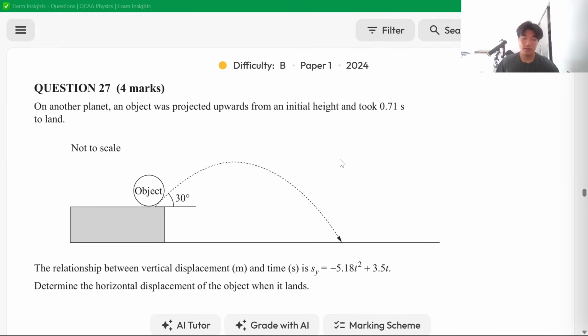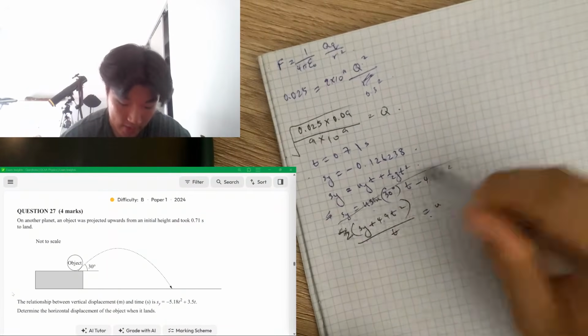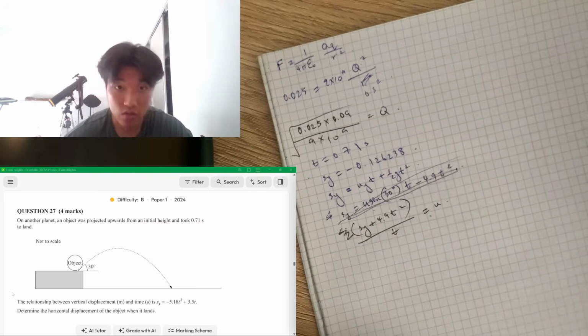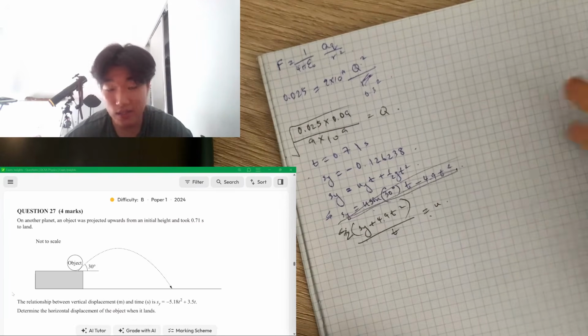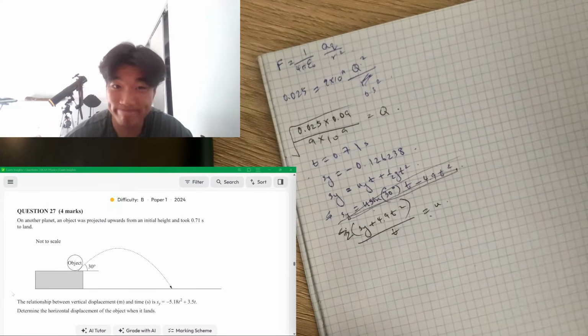Okay. Since it's on another planet, you can't use this. This is wrong. It's erroneous. If it's on another planet, well, the likely chances are acceleration is not going to be 9.8.